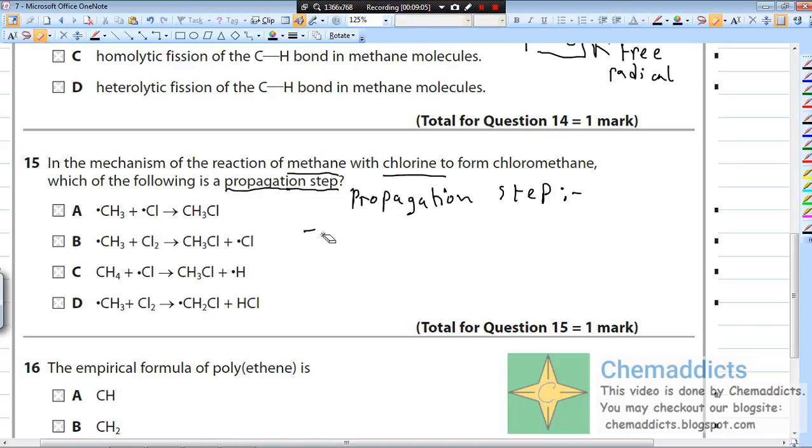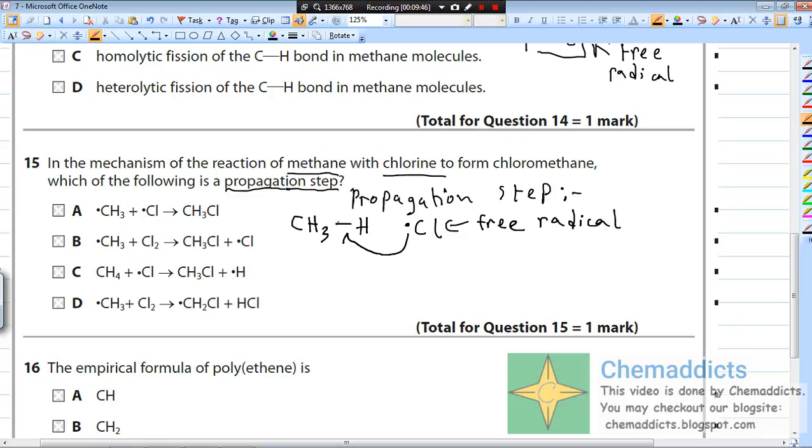Let's see how we should write it. The chlorine free radical that is formed in the initiation step attacks the methane molecule, CH4.